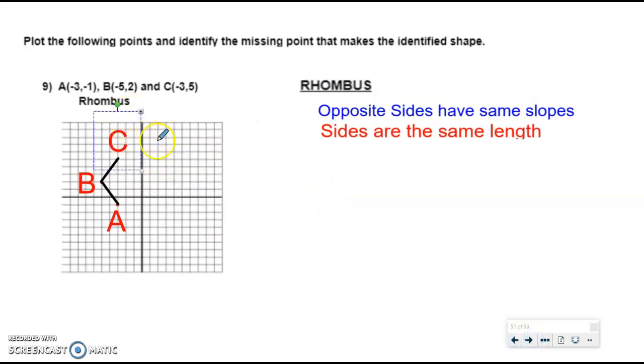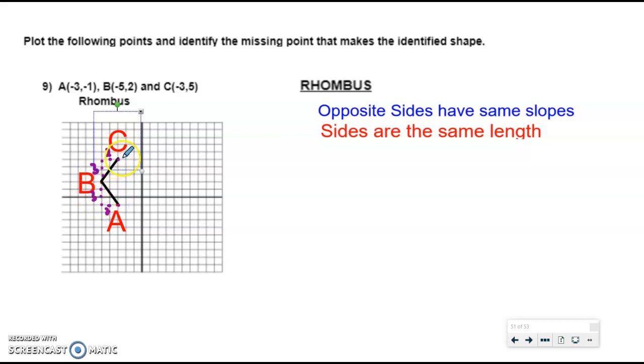Let's look at this other one here. A rhombus. I know that opposite sides have the same slope. Okay? And all the side lengths are the same. So if I go from here to here, that's going up 1, 2, 3 over 1, 2. Let's look at this other side. 1, 2, 3 over 1, 2. The same thing.